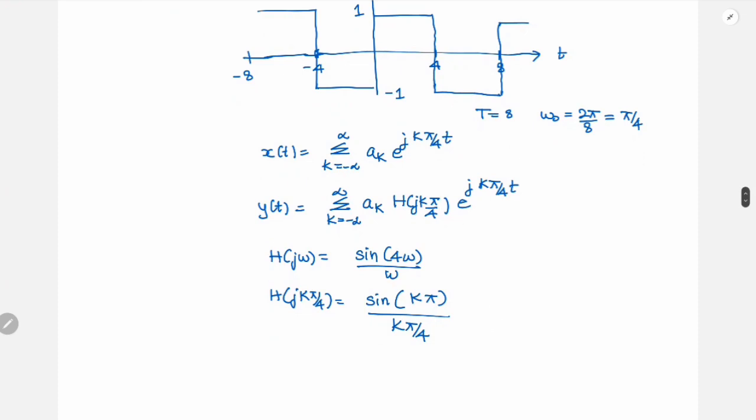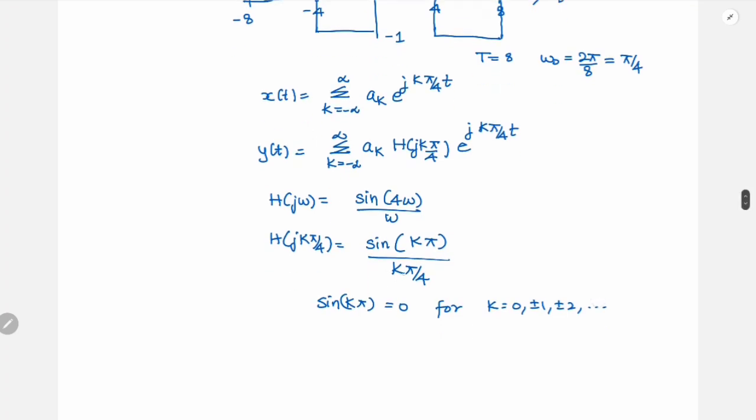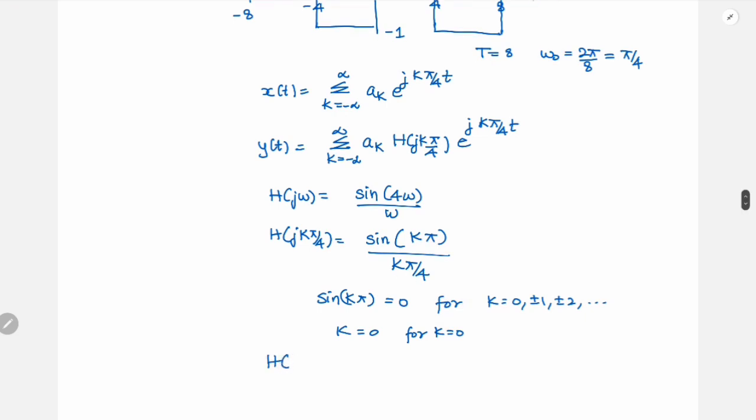But sine k pi we know is equal to 0 for k equal to plus minus 1, plus minus 2, all integers. But k is also 0 for k equal to 0, so at 0 we need to find it through a limit. In all other cases this expression is going to be 0 because the numerator is 0 and the denominator is finite. So H of j k pi by 4 is equal to 0 for k equal to plus minus 1, plus minus 2 and so on.